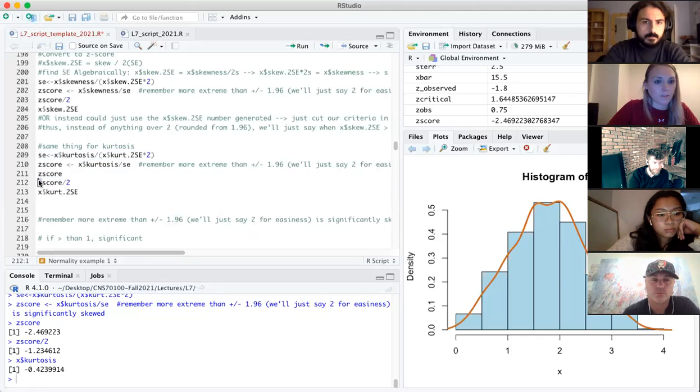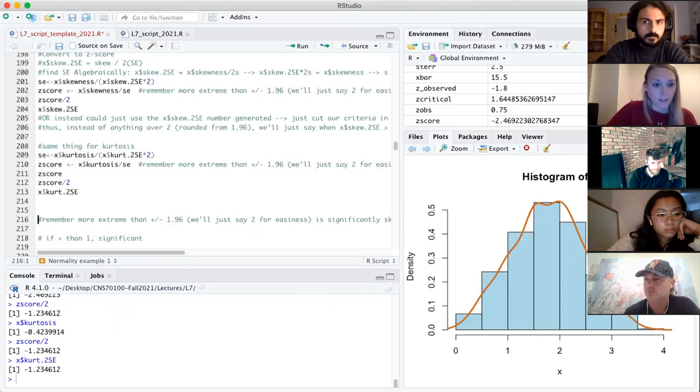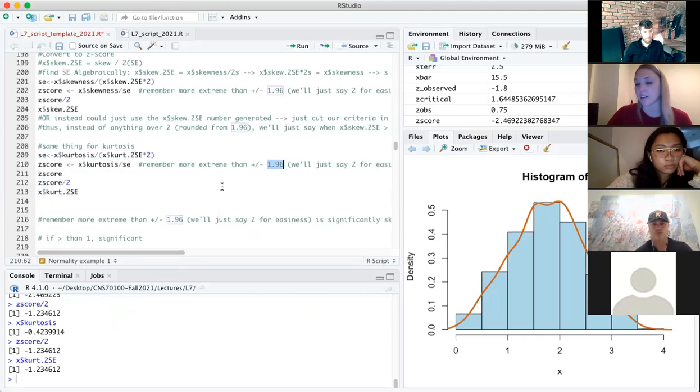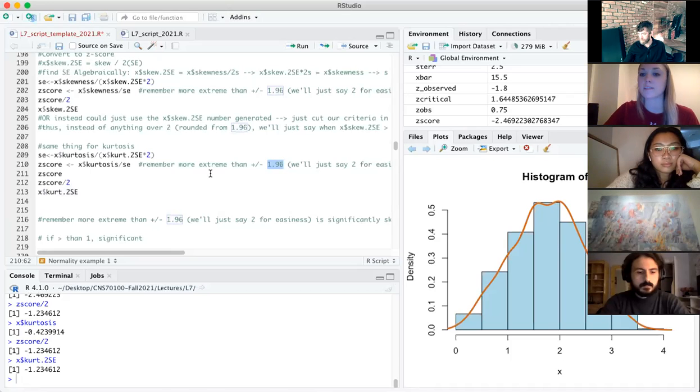There we go. So these numbers are the same. Dividing that z-score by 2 is the same thing as this. Because we're halving the z-score, we just halve the criteria. So instead of comparing it to 1.96, we compare it to 1. I know 1 is not exactly half of 1.96, but we're just going to round up to 2 and halve it, for simplicity of math.